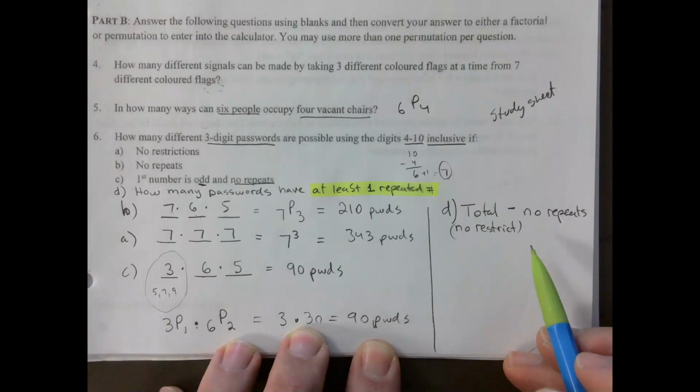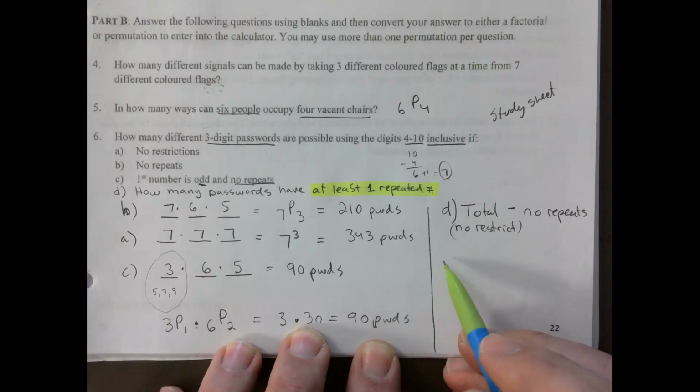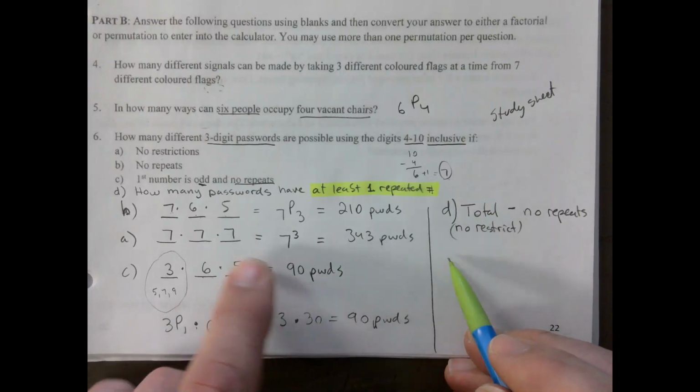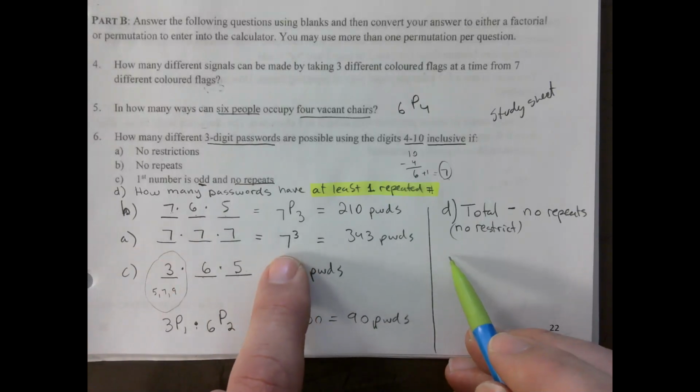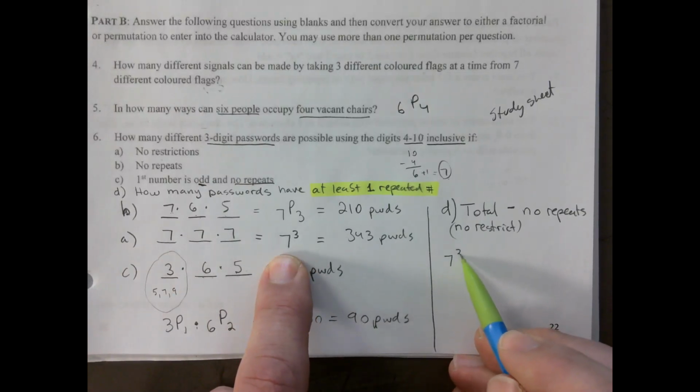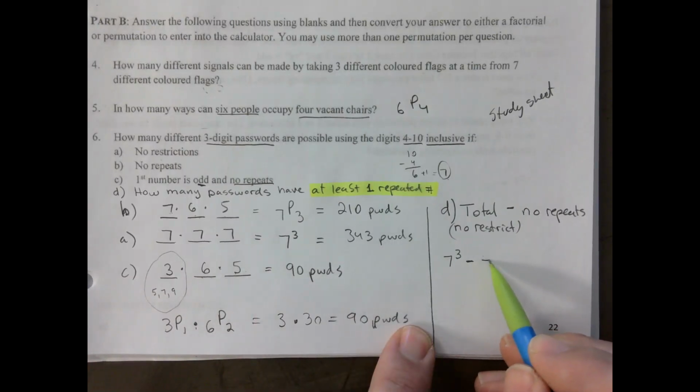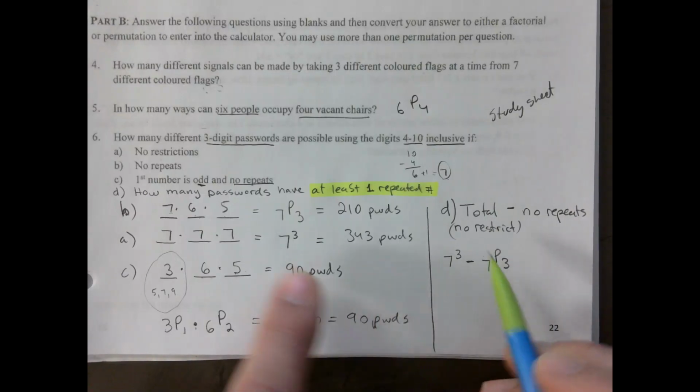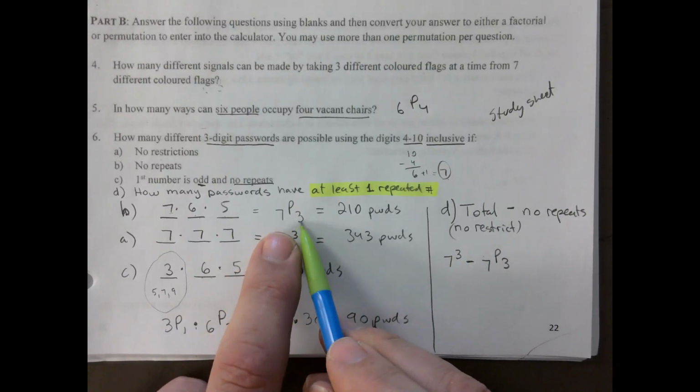Sorry, I'm a little off there. So it's basically our answer in A, which was 7 to the power of 3, minus 7 pick 3. That was our B part.